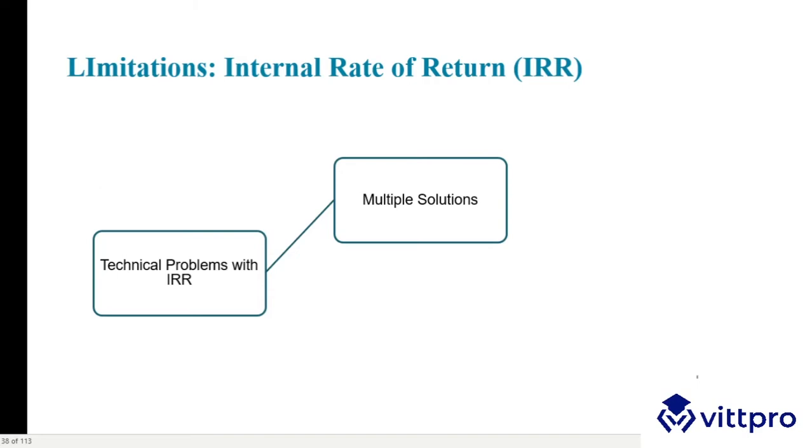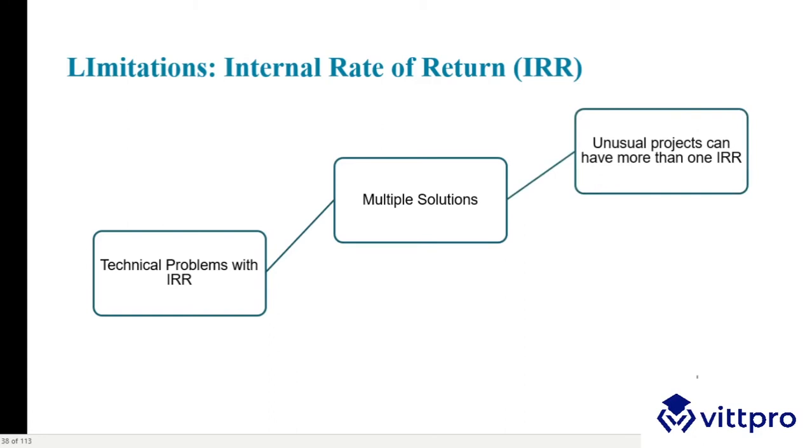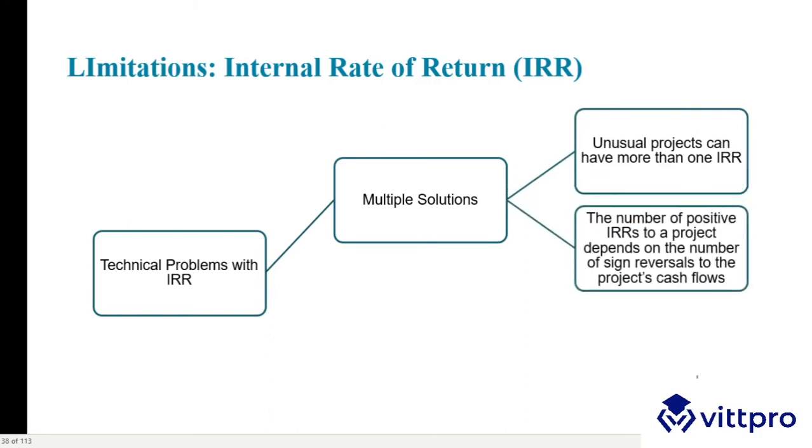But in real life, you may have a cash outflow in the beginning, then some cash inflows, and then some cash outflow again, and then some cash inflows. So if there are multiple negative signs, there will be multiple IRRs. There can be multiple solutions to IRR.